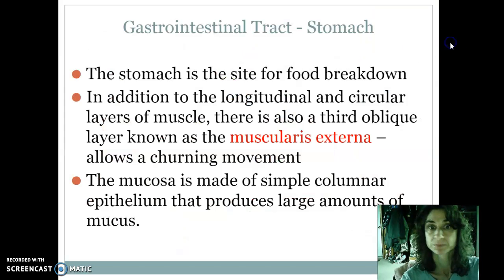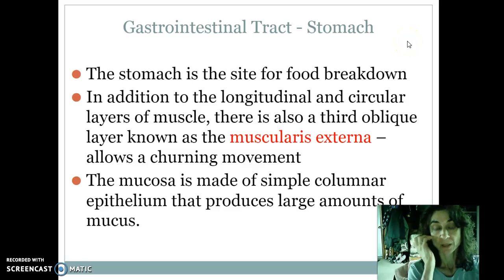All right. So the stomach is where most of the food is broken down. In addition to that longitudinal layer of muscle and the circular layer of muscle, there's what's called an oblique layer. This is the third layer that exists in the stomach. This is the muscularis externa. This is the one that allows for that churning movement of the stomach.